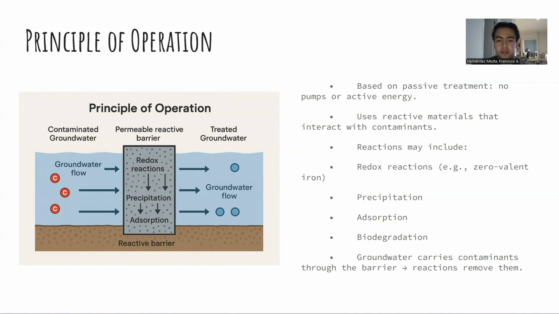These interactions involve different mechanisms like redox reactions, for example, using zero-valent iron to transform or immobilize contaminants; precipitation, where contaminants form solids and settle out; adsorption, where pollutants stick to the surface of materials; and sometimes even biodegradation helped by microbes.